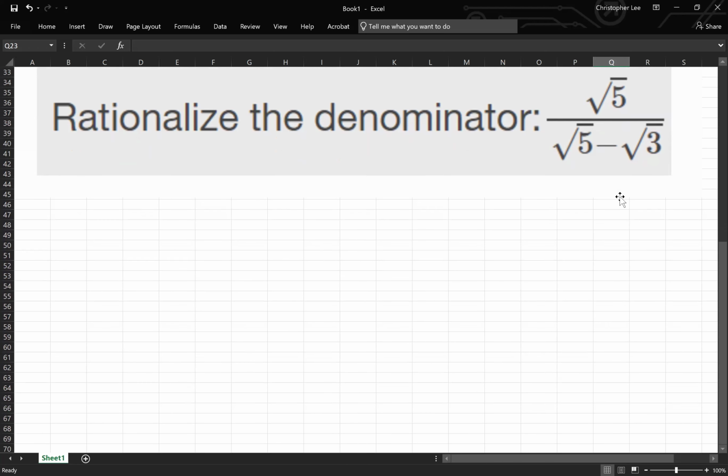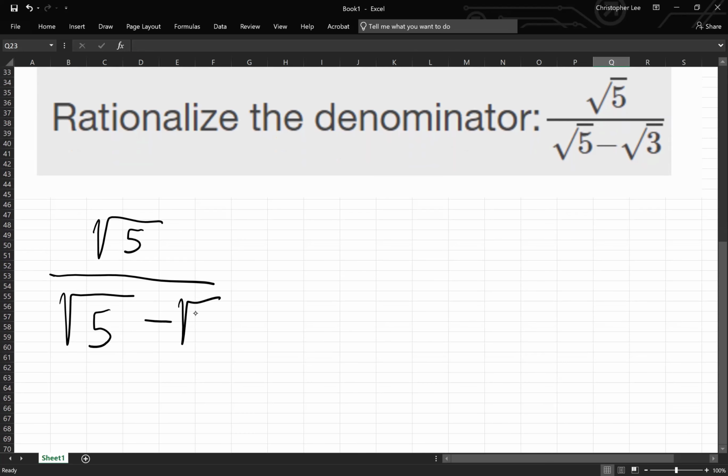Close. I have to multiply it by something, but not the square. I have to multiply it by the what? What am I multiplying this by to get rid of the radical? The opposite. Exactly. I want to multiply this by the opposite. The big word is conjugate.